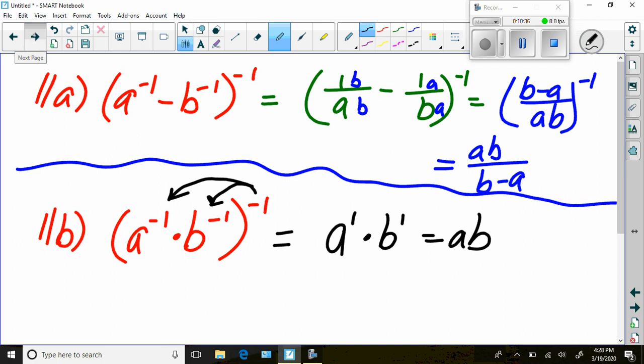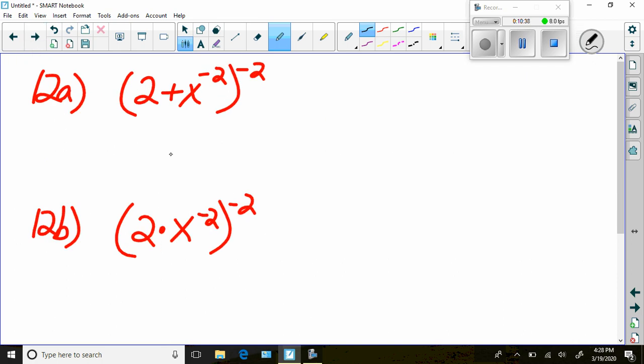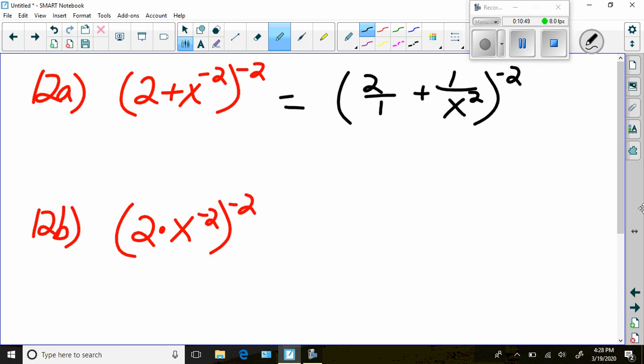And last but not least, almost a 10-minute video, doggone it. This is 2 over 1 plus 1 over x squared to the negative 2. So then I'm going to multiply by x squared over x squared.